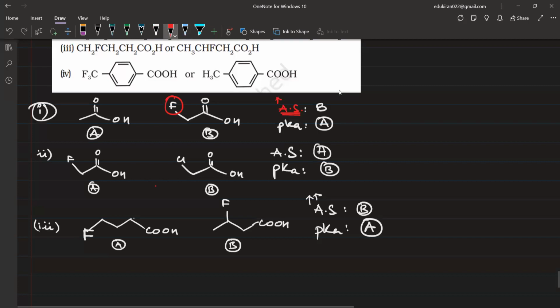In the fourth structure, as you all can see, here we have CF3. That means if I talk about acidic strength, A will have higher acidic strength and the pK value of B will be higher because it is less acidic.